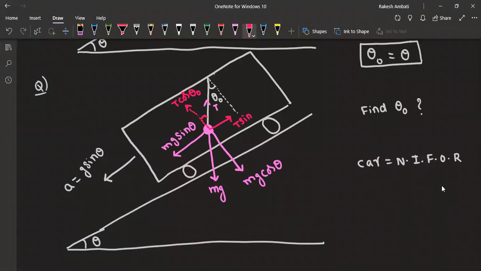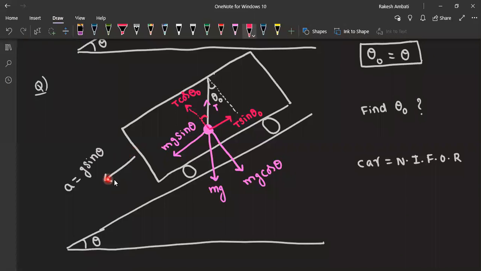Here the car is a non-inertial frame. In the case of a non-inertial frame, along with real forces, a pseudo force is also present. How do we draw the pseudo force? Opposite to the acceleration of the non-inertial frame.